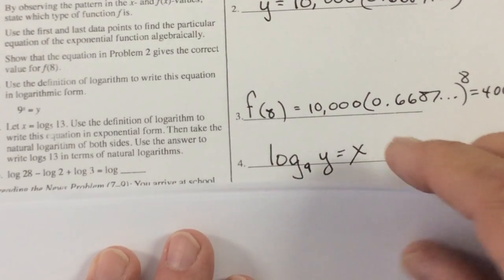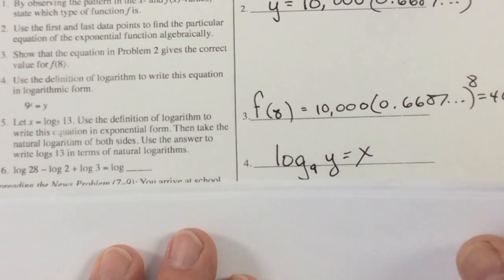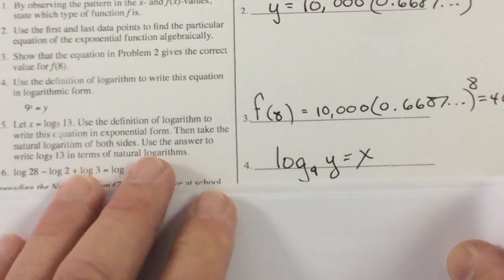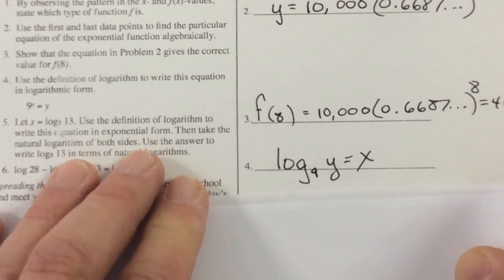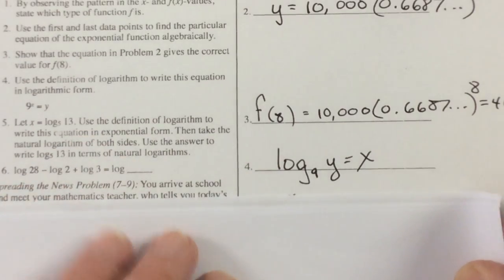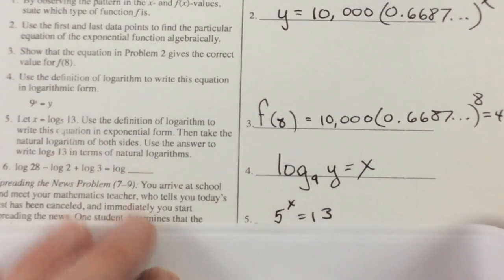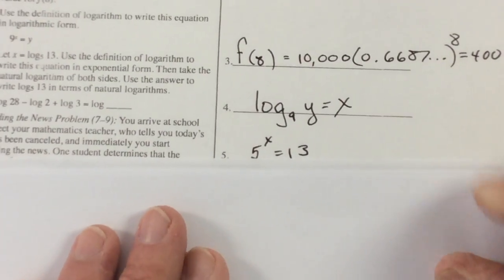The next question was, let x equal log base 5 of 13, and use the definition of logarithm to write this equation in exponential form. Basically, it was the reverse question of number 4. That's how to do that.